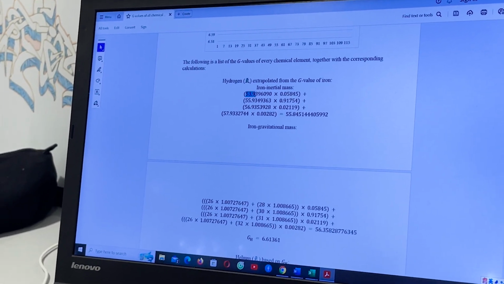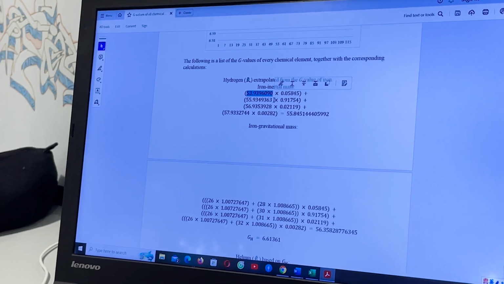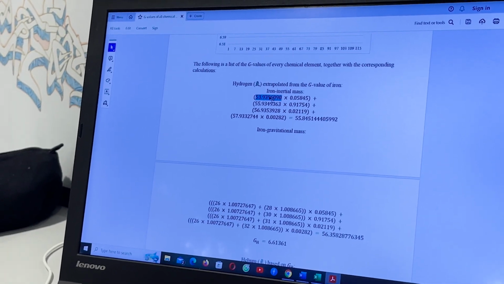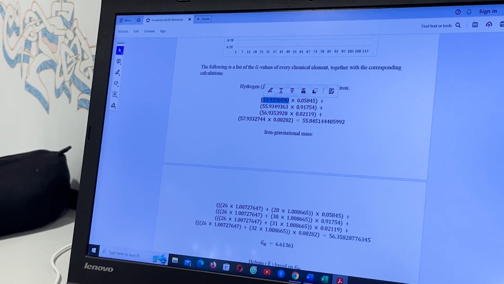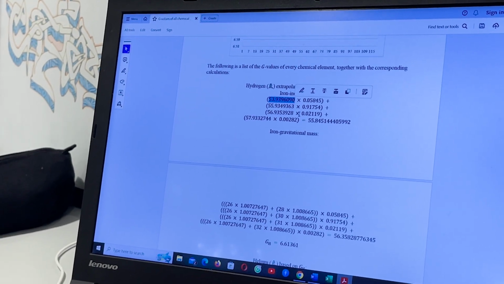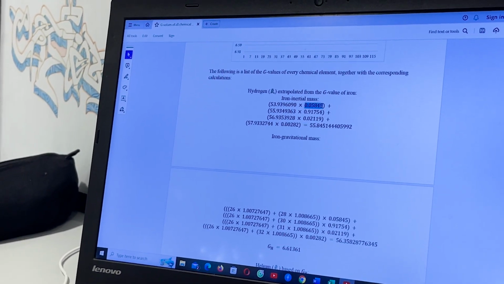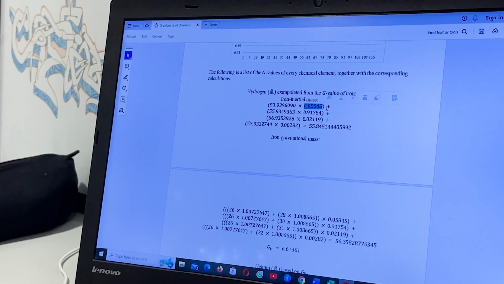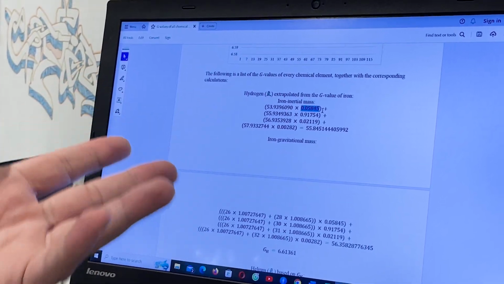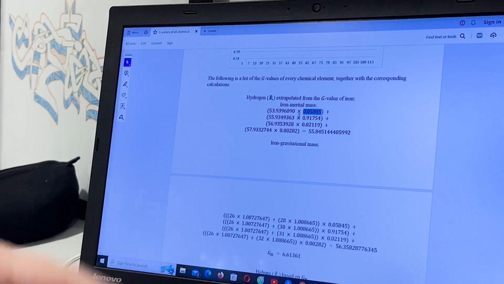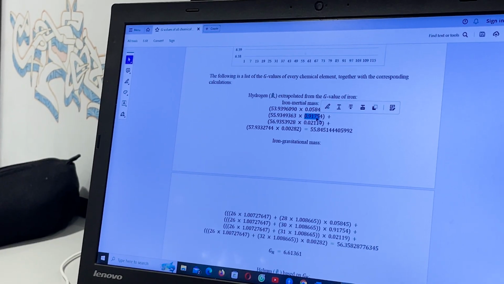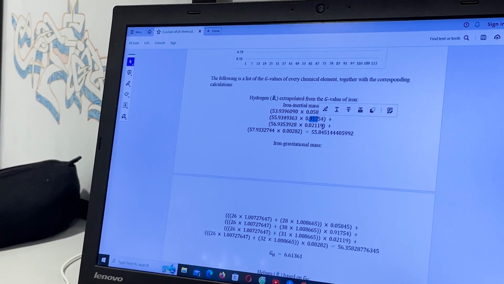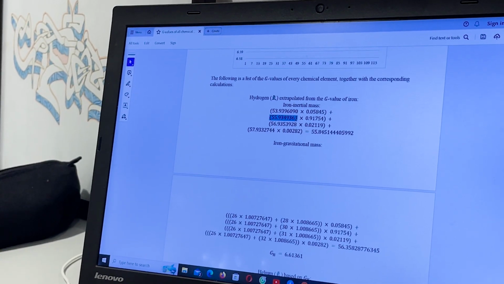For the inertial mass, you basically just take the atomic mass of every isotope and you multiply it with the percentage, with the abundance in nature. How much is there of each isotope? This is 91%, almost 92% of this isotope.